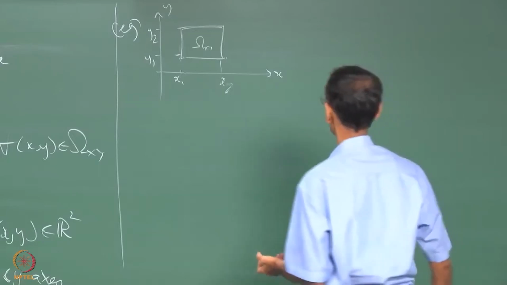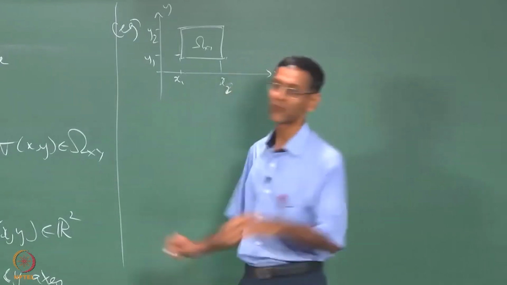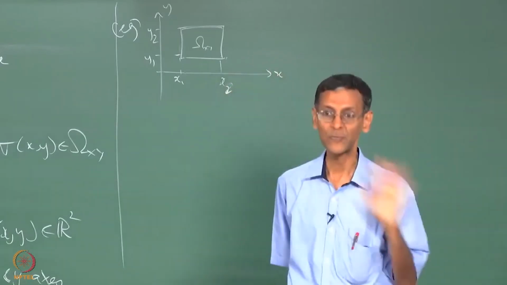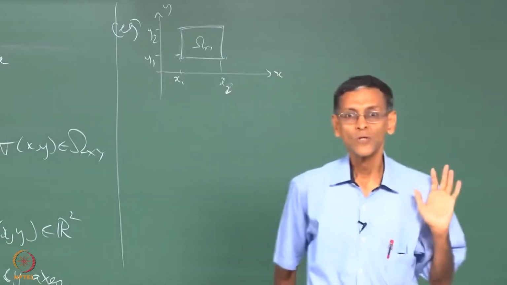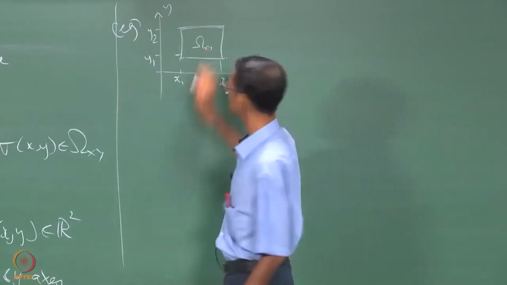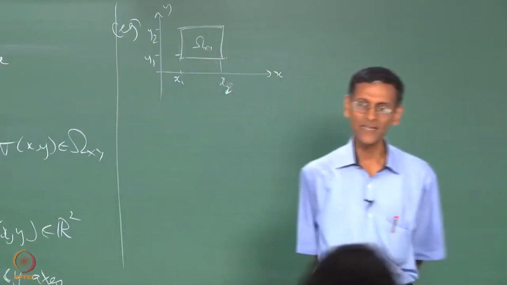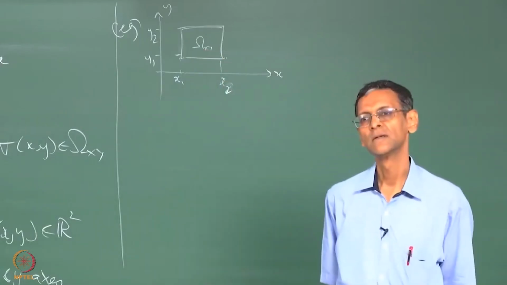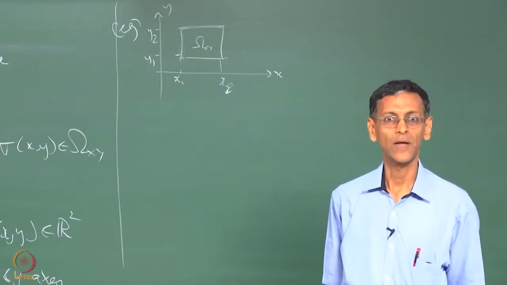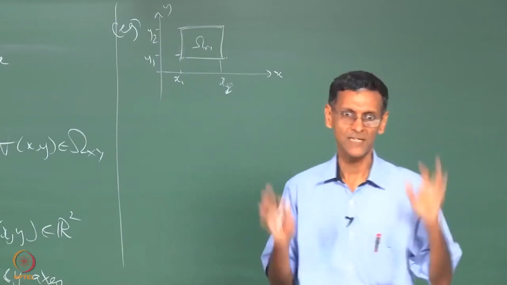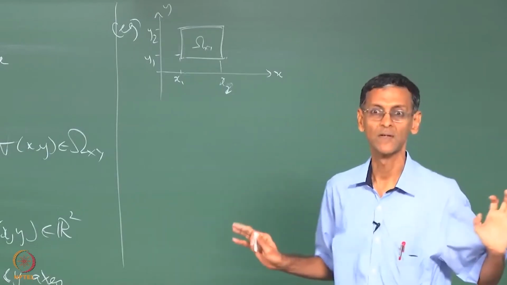If that happens, then you know for sure that x and y cannot be independent. They have to be dependent. So this omega xy looking like this is a necessary condition for the independence of x and y. Of course, it is not sufficient, it is just necessary, just gives you a picture to start with.